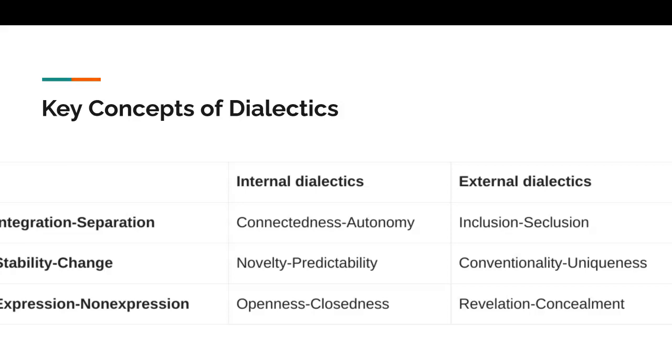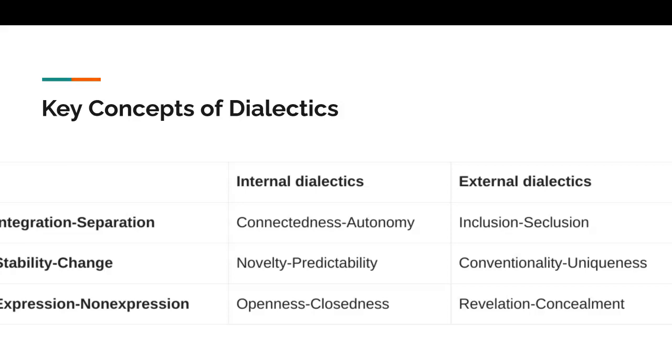The relational dialectics, or the competing states, are listed in this table. As you can see, the main competing state categories are listed in the left column and then broken down further into specific internal and external competing states. So if you look at the bold competing states in the left-hand column, you will see they have integration-separation, stability-change, and expression-non-expression.